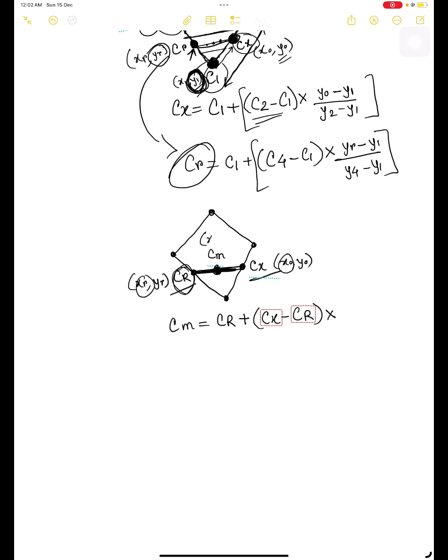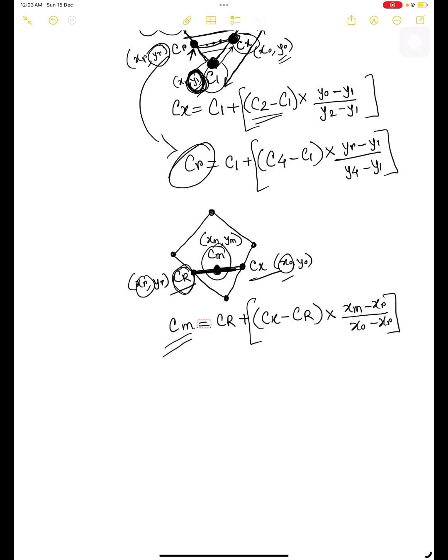And we can assume that the X coordinate is XM and the Y coordinate is YM of CM. So using them, we can use this again. At the top, we will have XM minus XR divided by X0 minus XR. And using this, we will find the color of our point CM.